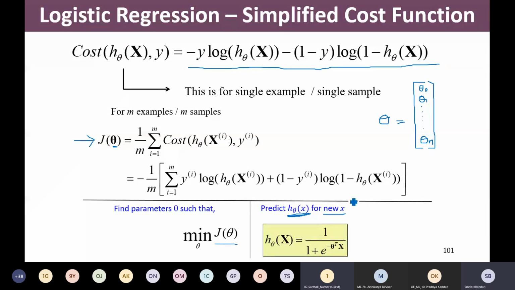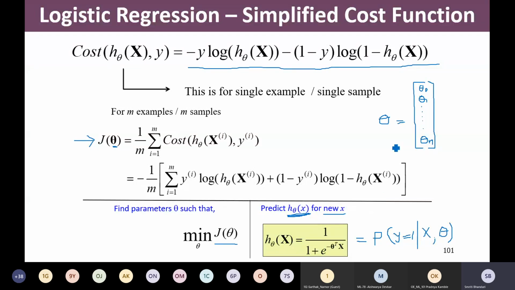Yes, ma'am. Okay. So please remember what this h theta x is giving us. This h theta x is giving us the probability that our class y is equal to 1 given x, parameterized by theta. This is what h theta x is. Okay, fine.